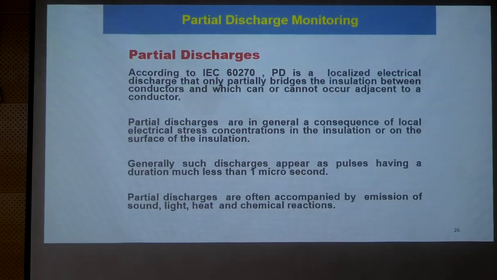Partial discharges are localized electrical discharges which partially bridge the insulation between the conductors. These are localized stresses which, even if a minor problem, will gradually become a very severe problem.